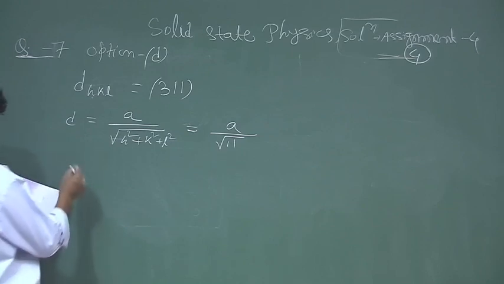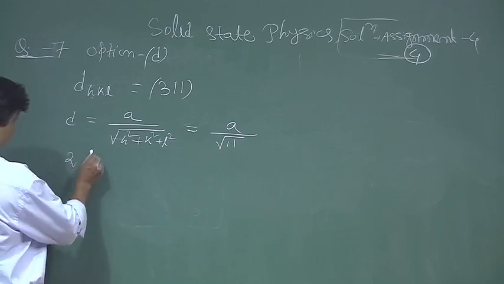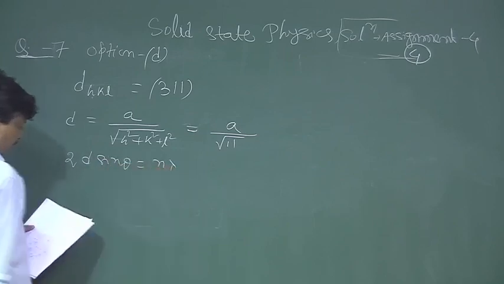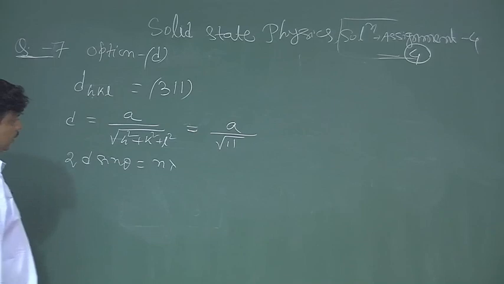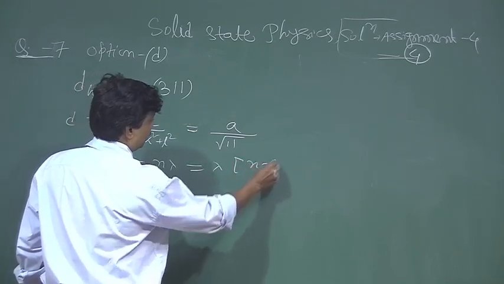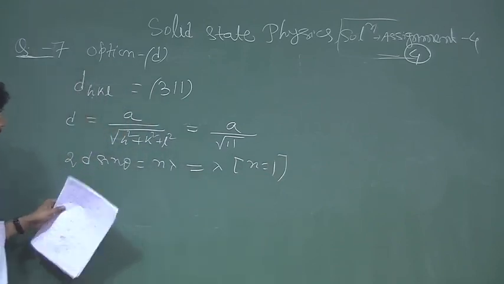Now again 2d sin theta is equal to n lambda. Here it is first order diffraction, n is 1, so it is equal to lambda.